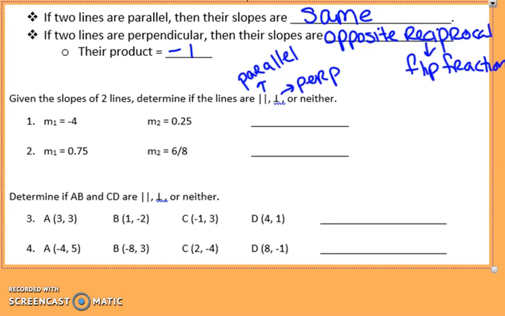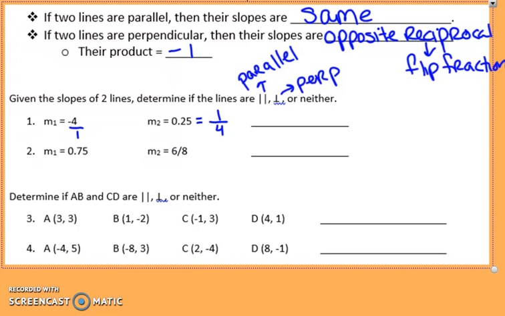If I look at number 1, -4 is the same thing as saying -4 over 1. 0.25, well, if I turn that into a fraction, that is 1 over 4. So if I look at my two fractions, they're obviously not the same, but we need to know, are they the opposite reciprocal? Well, if I take -4 over 1 and I flip it and take the reciprocal, I get 1 over 4.